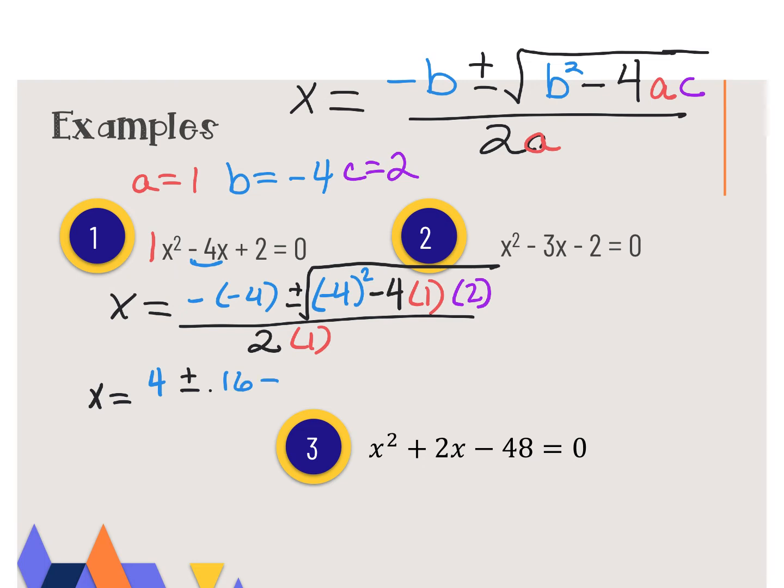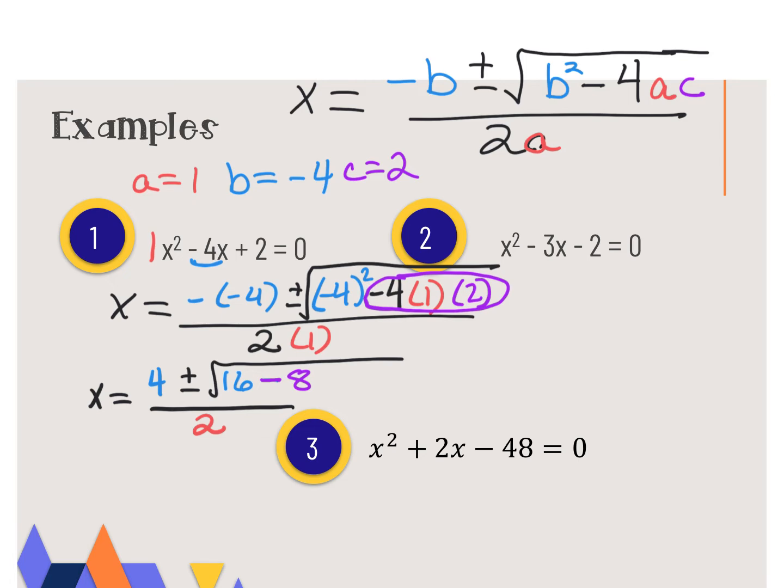And then now I'm going to multiply. I'm going to treat this as a negative 4 that I'm going to multiply to the a and the c. So I'm really doing negative 4 times 1 times 2, and that gives me negative 8. And then 2 times 1, so the denominator is just 2.